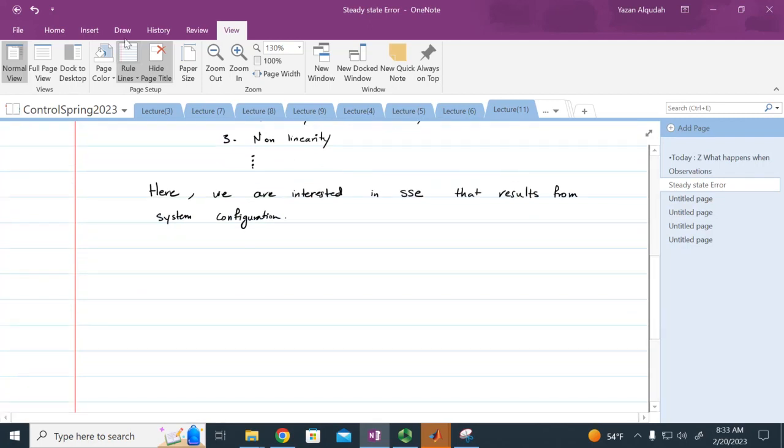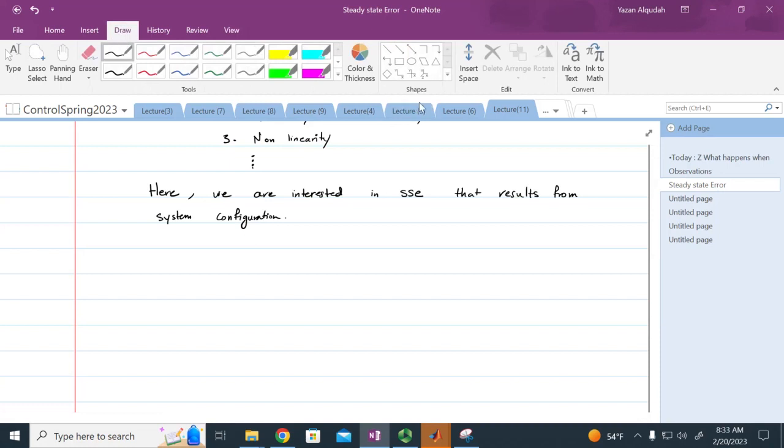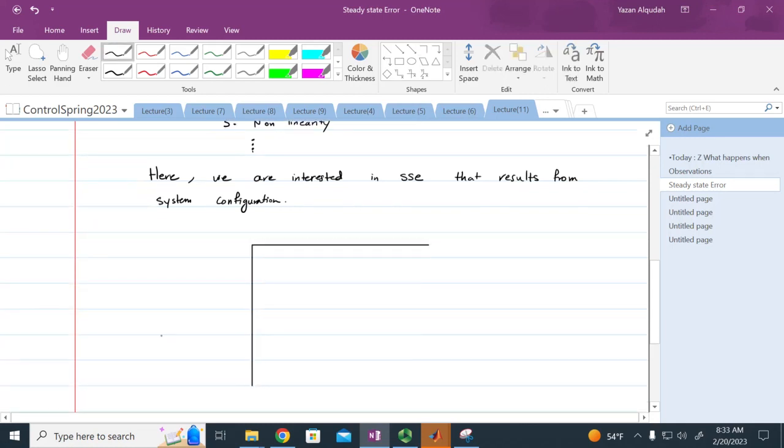So what we're going to be doing in today's class, we're going to be populating a table. And this table is going to look like this. We're going to have an input, which is the unit step, the ramp, the parabola.